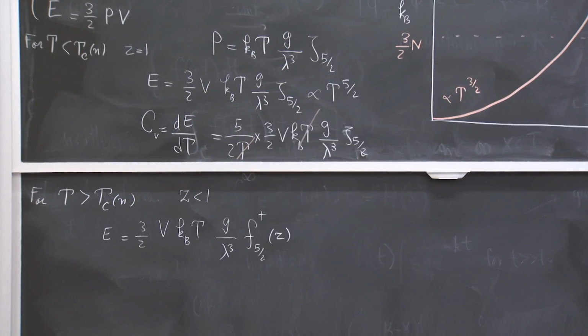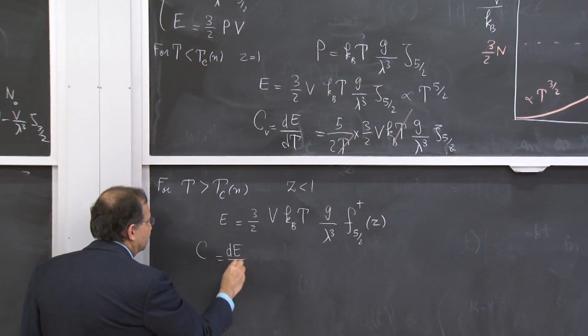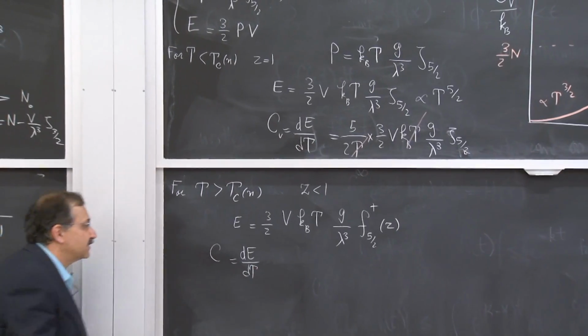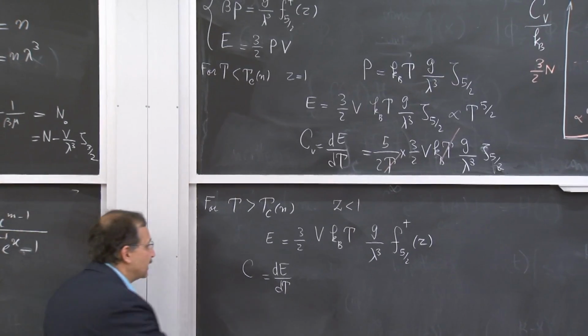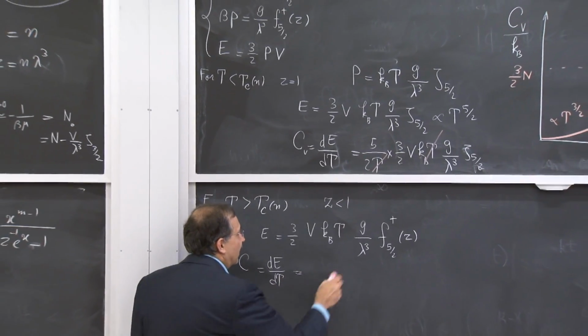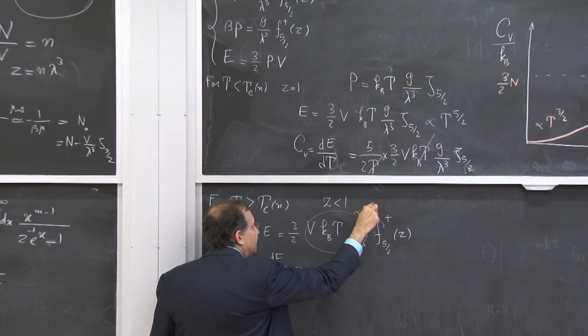And if I want to calculate the heat capacity, what I need to do is to take a derivative of the energy with respect to temperature. And then I notice, well, again, like I had before, whatever appears here is proportional to T to the 5/2.